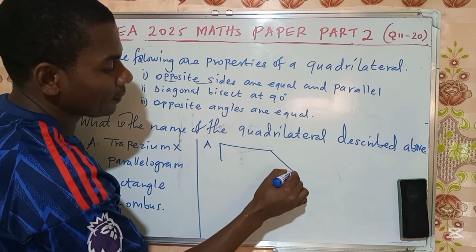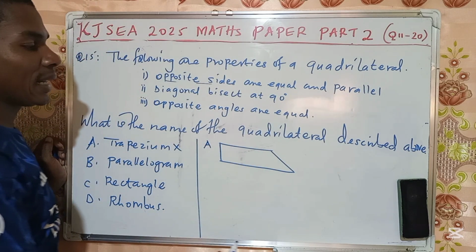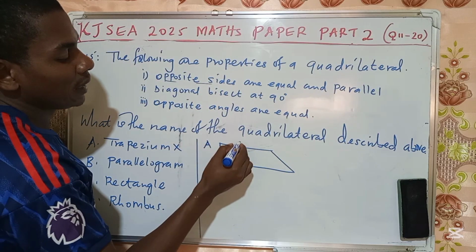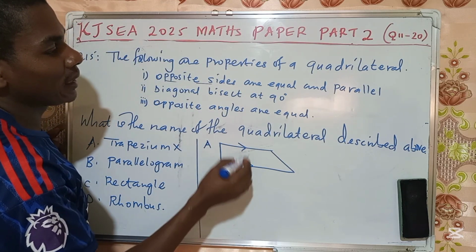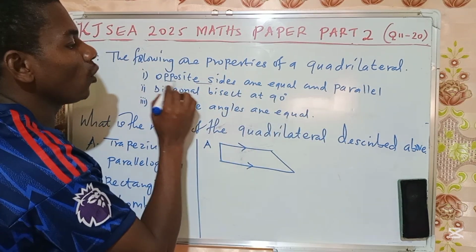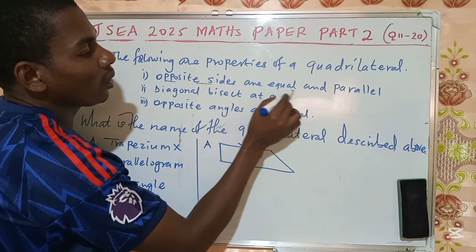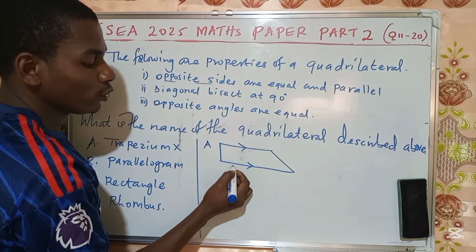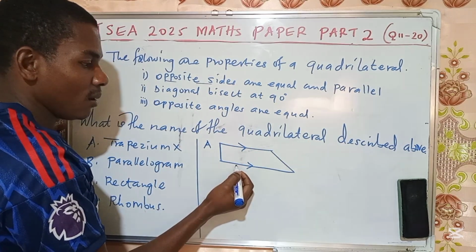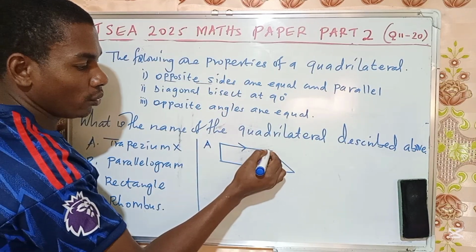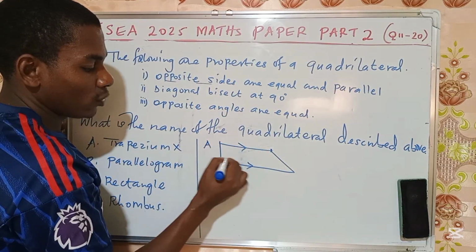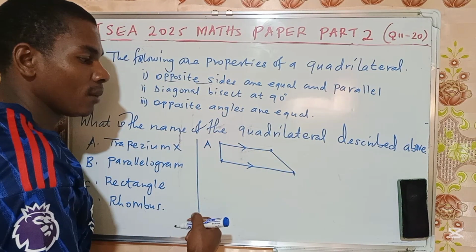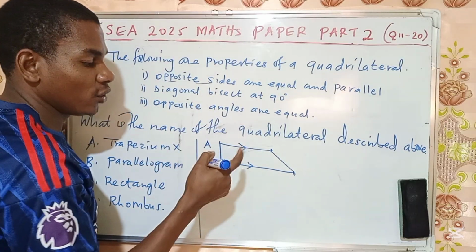It is written like this. So this one is cut because yes, the two sides are parallel. They have said opposite sides are equal and parallel. So this one is two sides are parallel, but they are not equal because this one is shorter, this one is longer. So they are parallel but not equal.